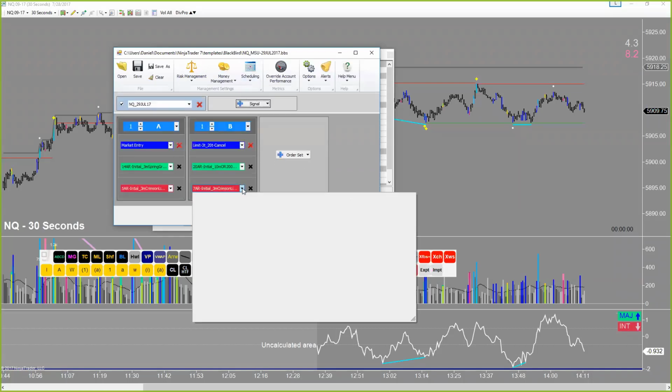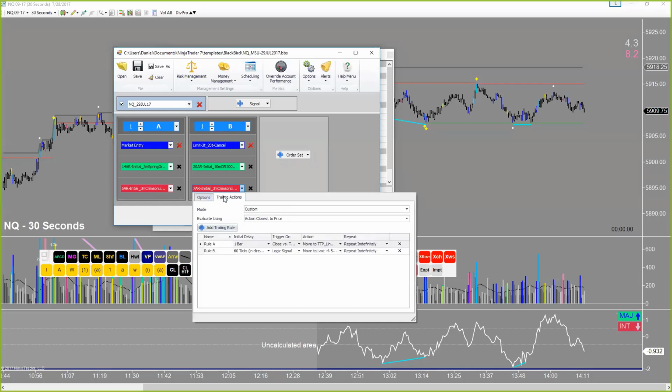Okay, there we go. So this is the stop for order set B, and I have multiple different triggers and delays and actions. The initial one is waiting for an area to be defined, a crimson line to be defined on the 3-minute chart.